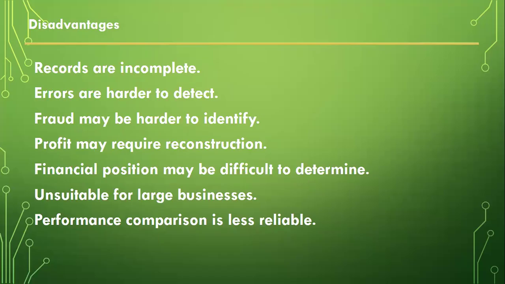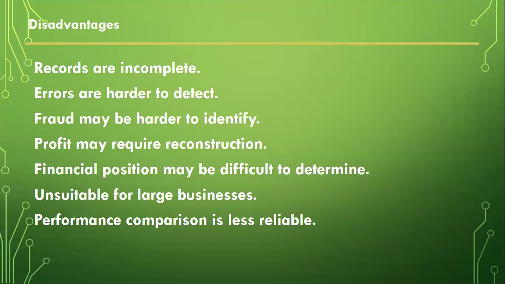So what is the disadvantage? First and foremost, we don't have all the details. The records are not complete. And in a situation where you have incomplete record, it is always difficult to identify error. Even where you have more than one error, it is always difficult, always taxing.